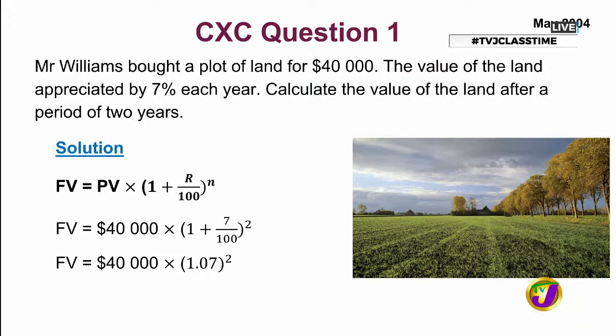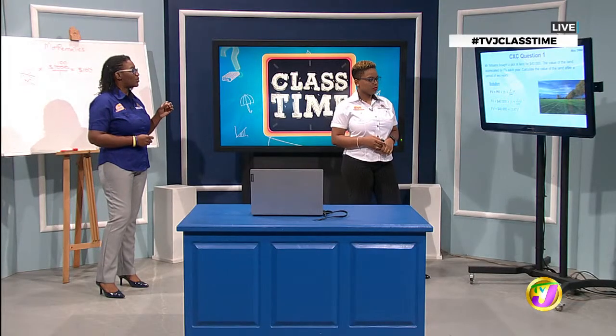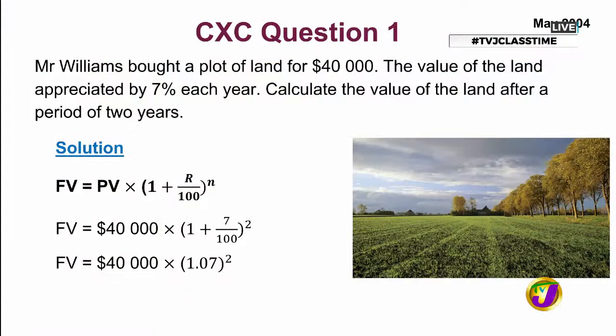I want to point out something, Latoya, as I'm looking in that bracket where we have that 1.07, I'm seeing the increase right there. Right. Yes, because remember, your starting value would have been represented by that 1, 100%, which is 1 as the decimal. And I'm seeing literally that 7% added on. So that value is actually greater than the 1.